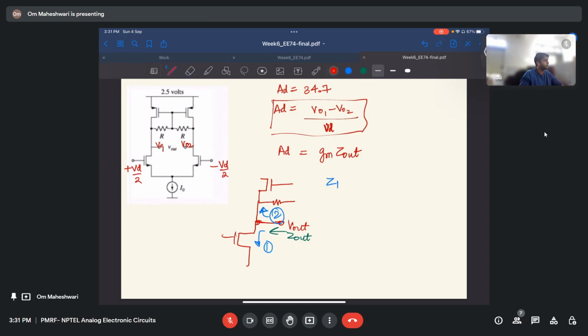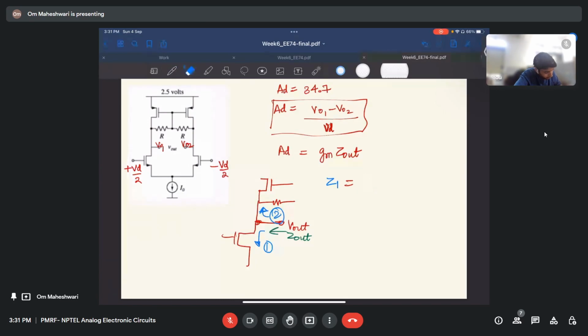Z1 will be nothing but RO, 1 by GMB plus GDS.